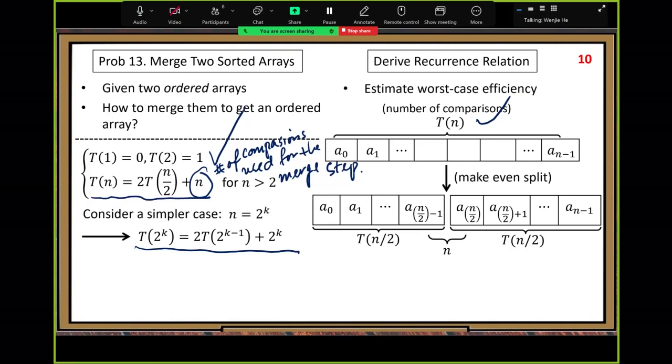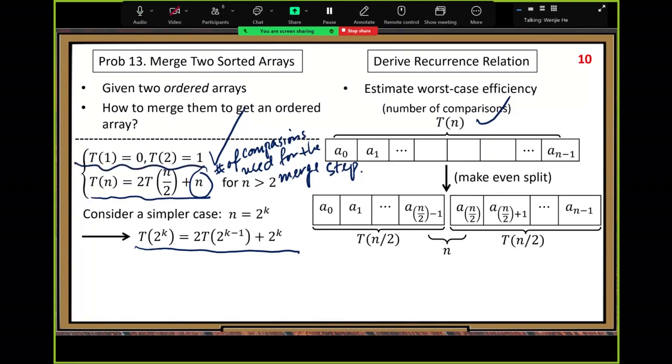Can you solve this new recurrence relation? It's much simpler. You can do it round by round: the second round, third round, keep going until you reach the bottom level using the base cases.